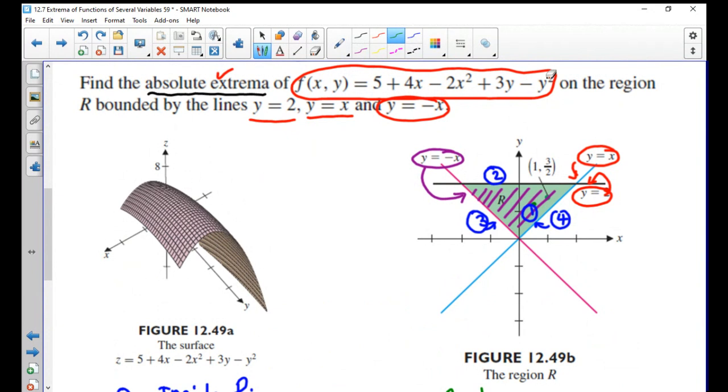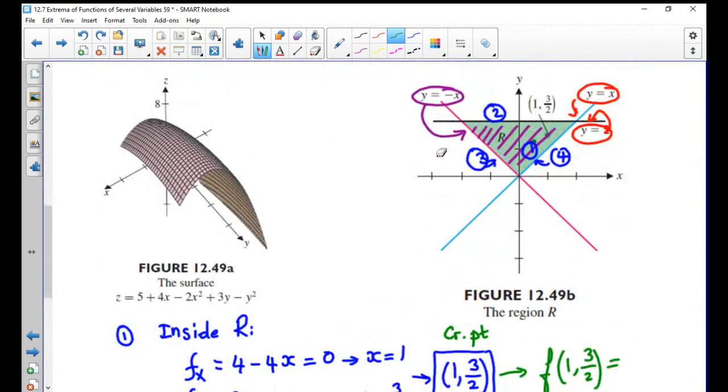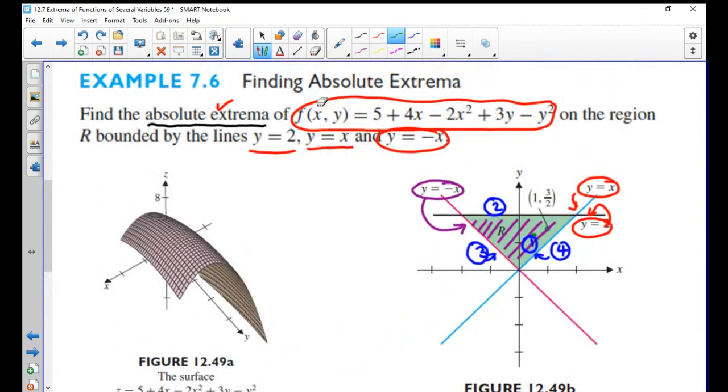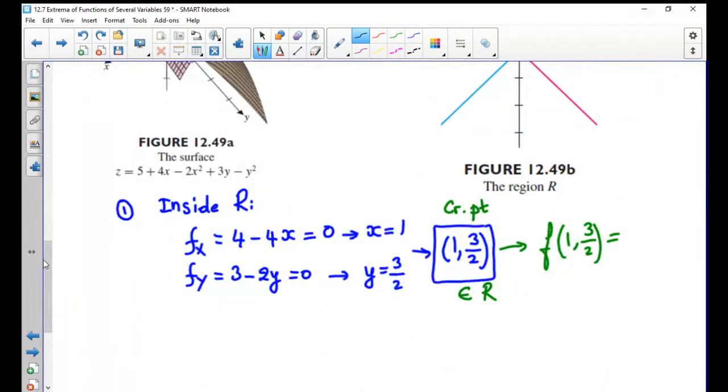Can someone try and do it? So x is 1 and y is 3 over 2. If you substitute in the function f, what are you getting? 37 over 4. Yes, thank you. 9.25. Okay, great. Thank you. This value, we keep it there on the side. We will need it.